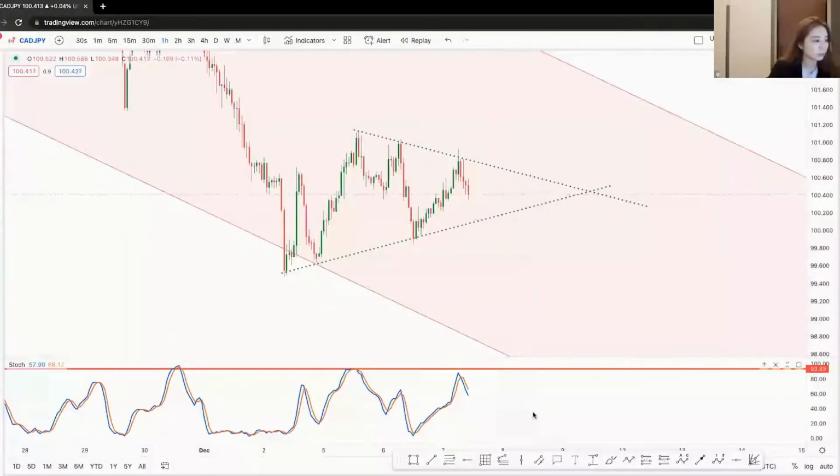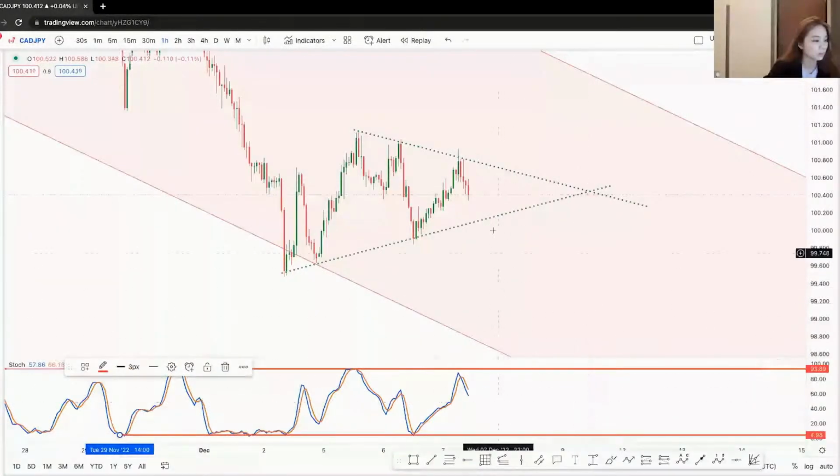Looks like it's more of a downfall for the short term, and it has stopped a bounce up over here.